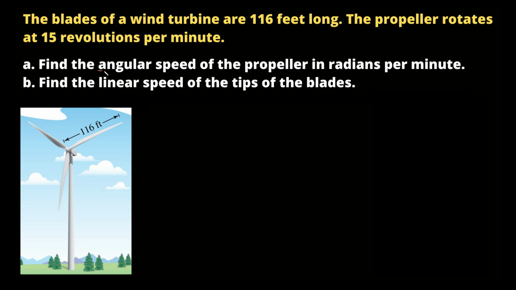So the first thing we want to find here is the angular speed. To do that, we can simply use the angular speed formula, which is omega equals theta over t, where omega stands for the angular speed, theta stands for the central angle or the angle of rotation, and t stands for time.